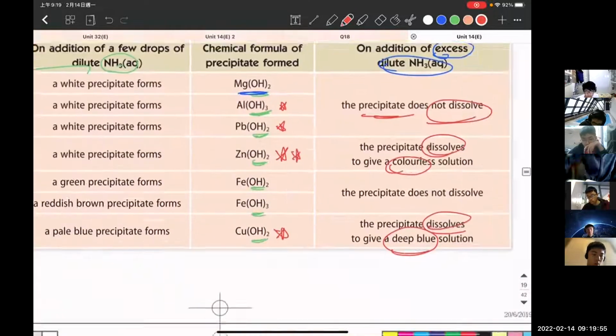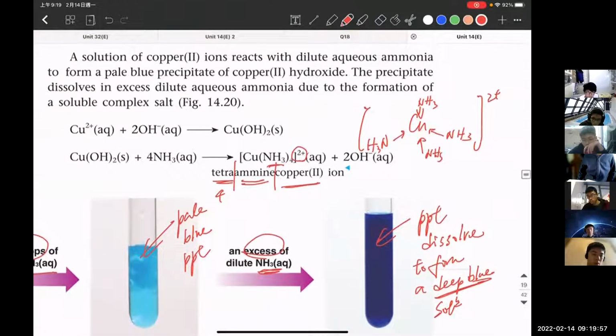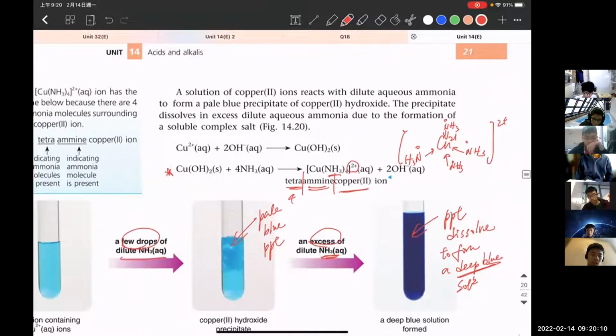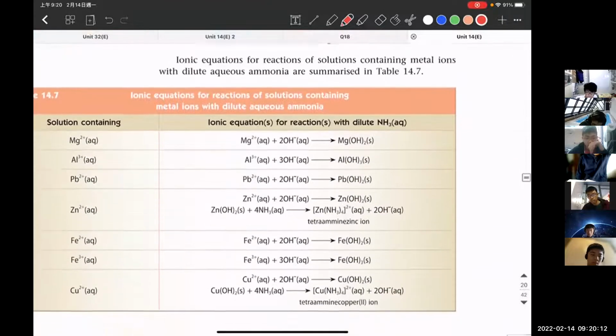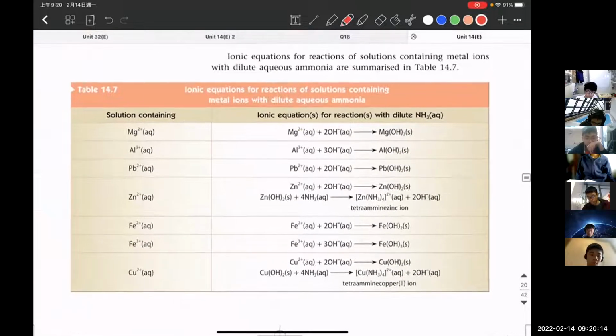But for this one, it is 2 plus, and these are 0, 0, 0, 0, altogether 2 plus. Now, this is a very special equation I would like to draw attention to.